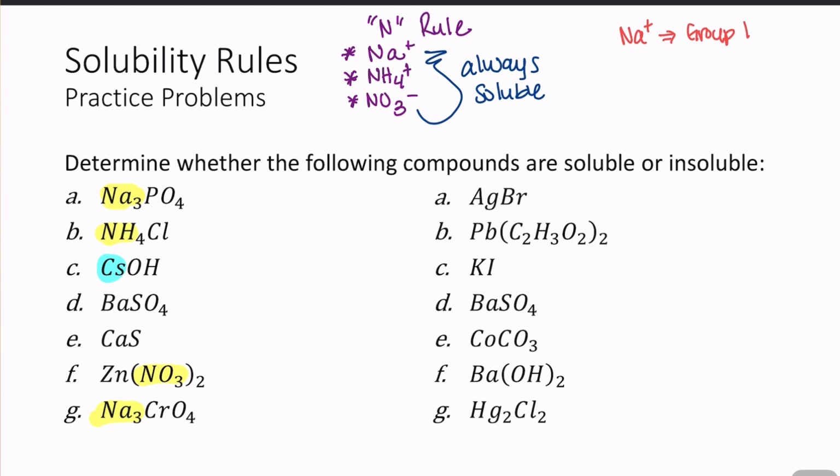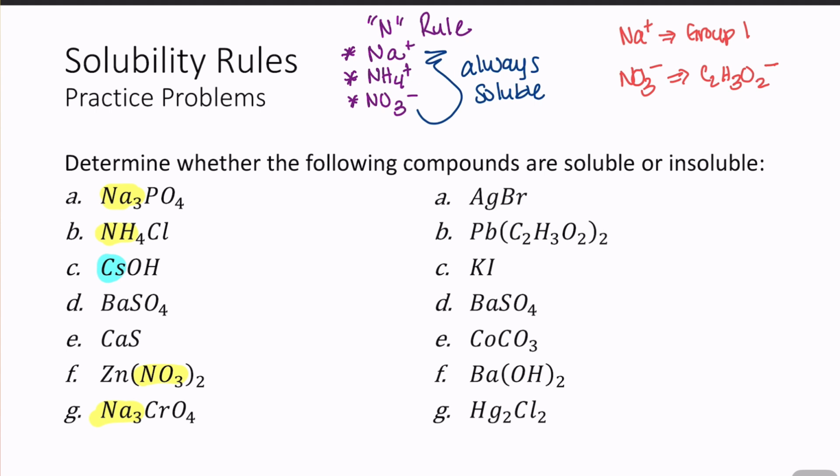The other thing I do is by remembering nitrate, it is the anion that is always soluble. There is one more, acetate. So I kind of clump them together in my brain that anytime I see either of those, my compound is always going to be soluble.